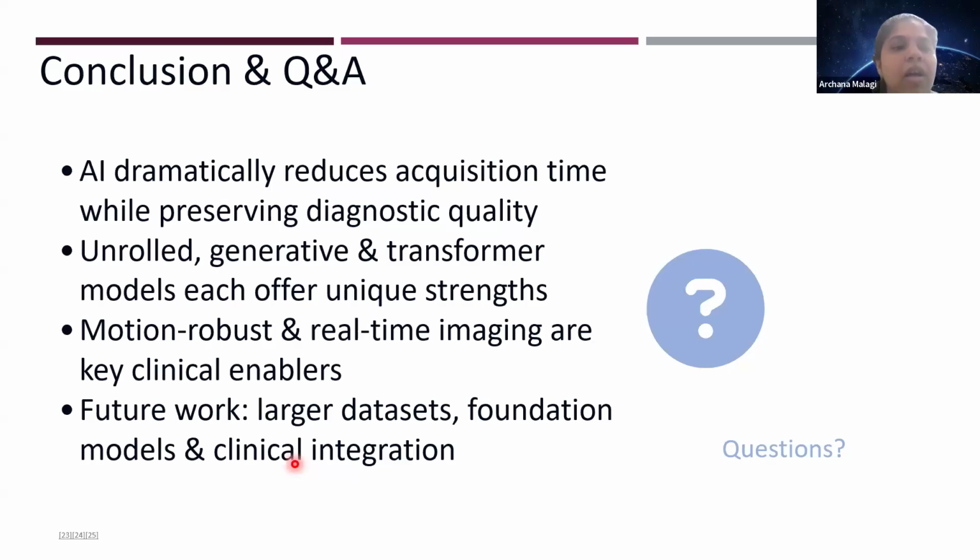In conclusion, AI, as I showed in the graph, dramatically reduces the acquisition time and preserves the diagnostic quality for certain images. We also discussed different architectures like unrolled, generative, transformer, and variational networks, and these are very much motion robust and enable real-time images.